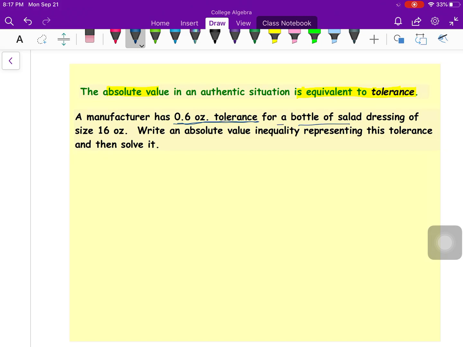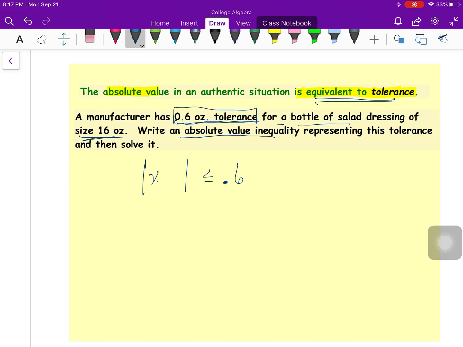On a bottle that is 16 ounces, write the absolute value. So the absolute value will be less than or equal to 0.6. That is my tolerance. So that is what my absolute value is equivalent to.